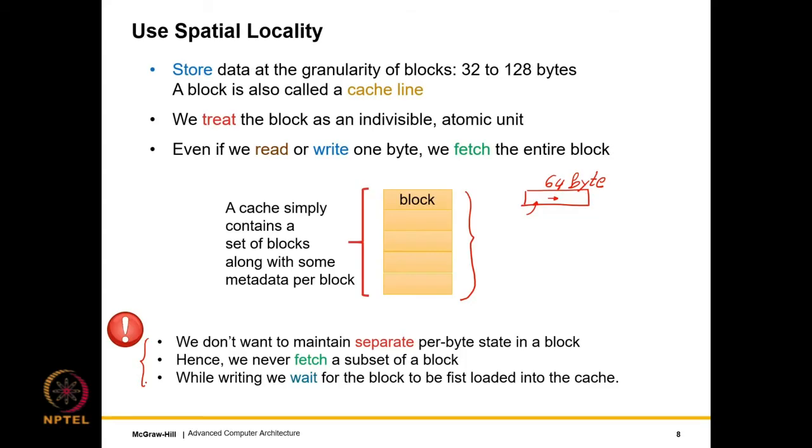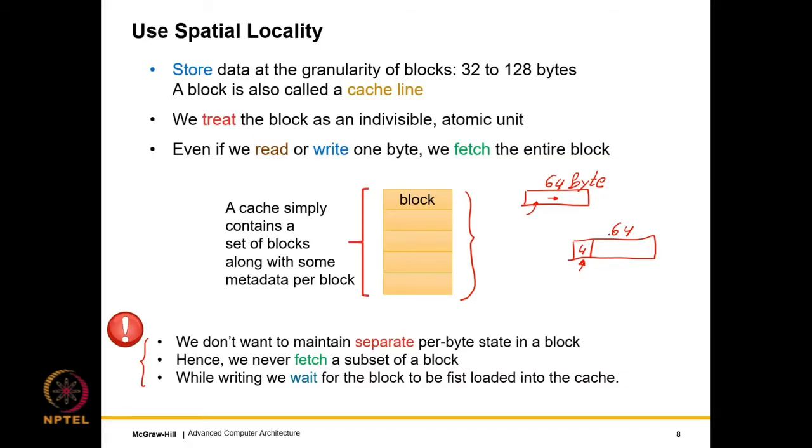Let's say that we have a 64 byte block and we want to write the first 4 bytes. Let us assume that this block is not there in the cache. Then you can argue that if I just want to write and the data is going to be overwritten anyway, I can simply create space for a block and write the first 4 bytes.